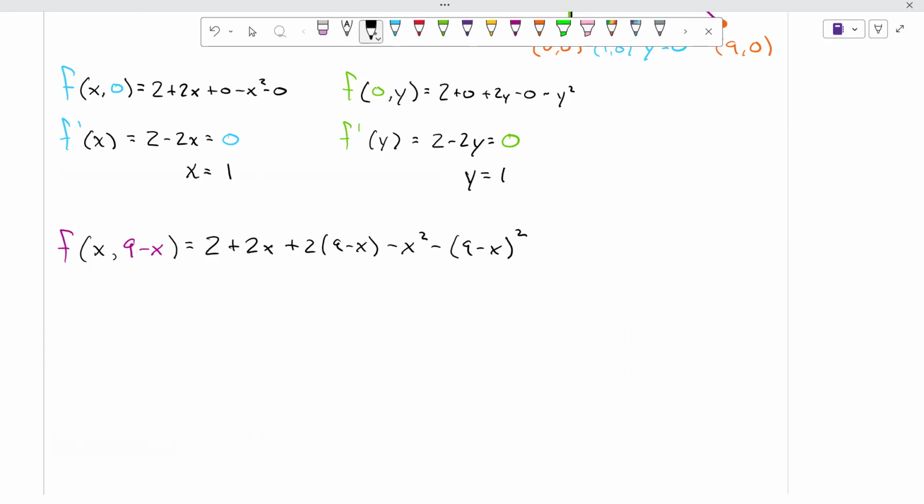All right, so I'll just replace all of my y's with 9 minus x. That's what my equation told me to do.